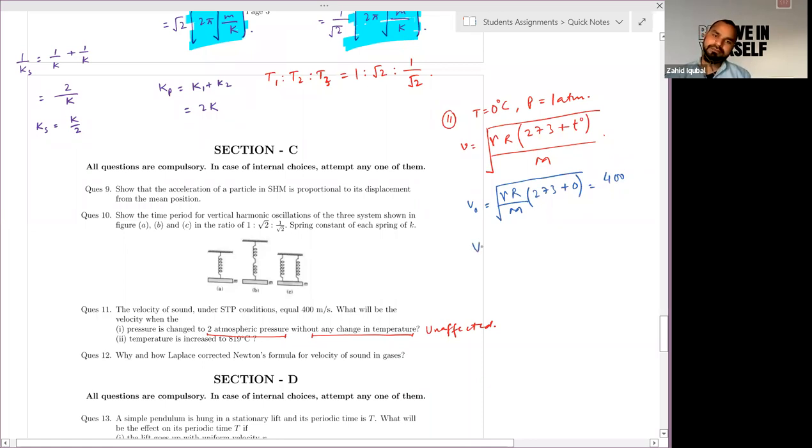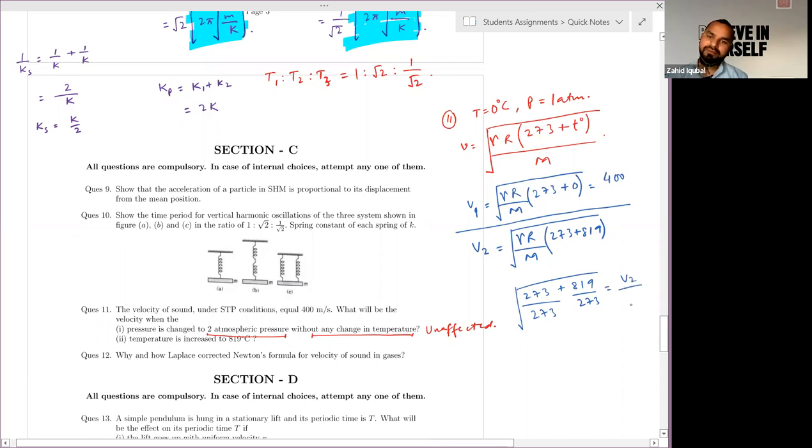On changing temperature, let's say this is V1 and this is V2, root under gamma R divided by M times (273 plus 819 degrees Celsius). Now just divide these two expressions. On dividing, you will get root under (273 plus 819) divided by 273 is equal to V2 divided by V1.